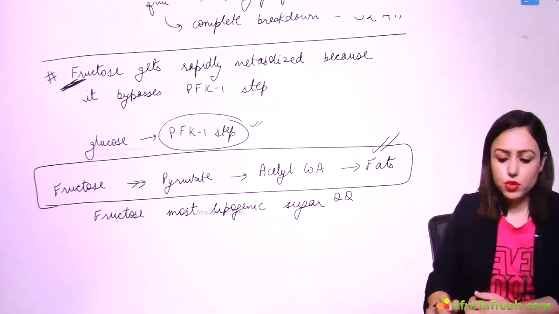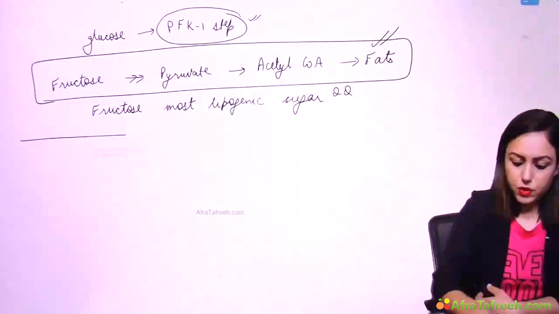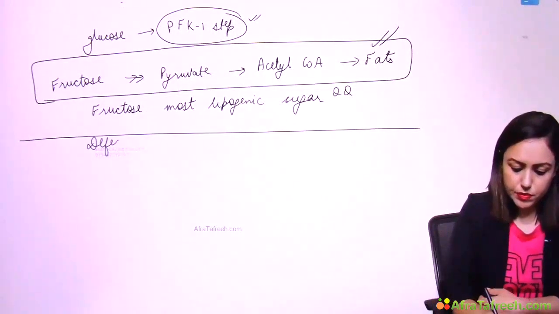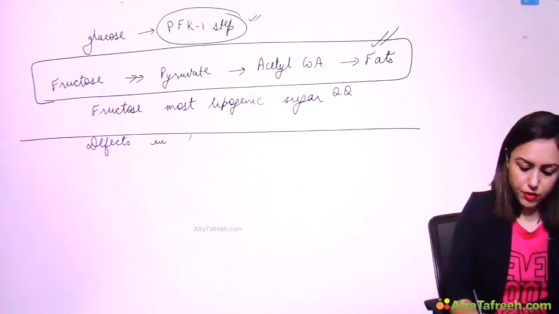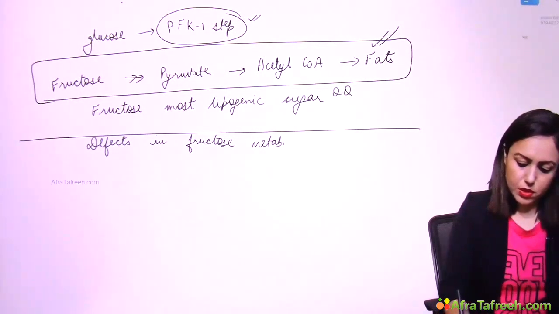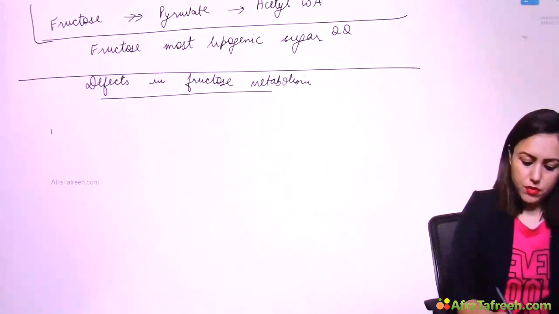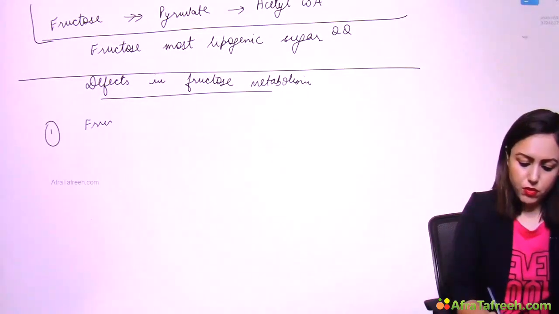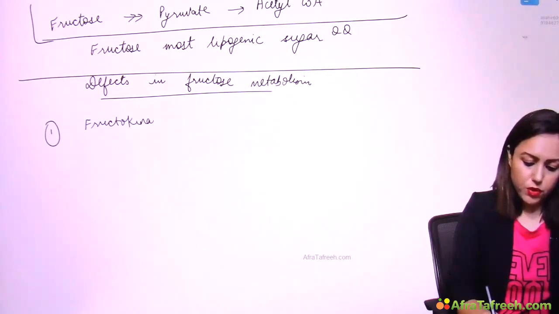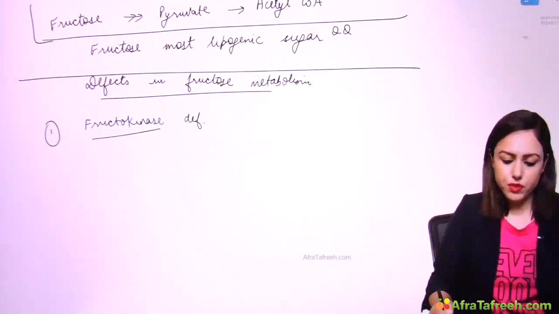Okay, now let's do defects in fructose metabolism. First is deficiency of the enzyme fructokinase. Fructokinase is the first enzyme in this metabolism.